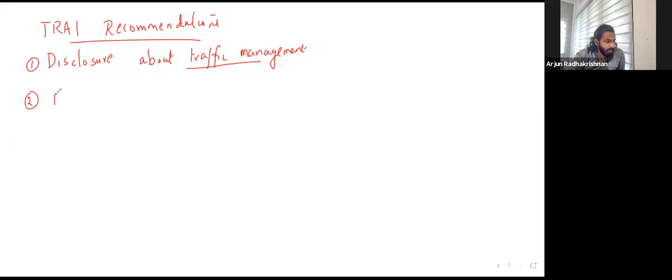Second is deep packet inspection. Deep packet inspection is not allowed.